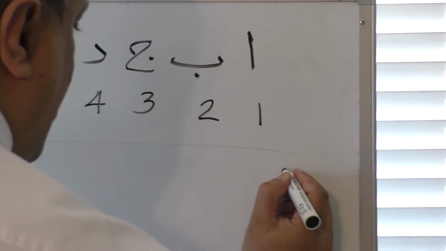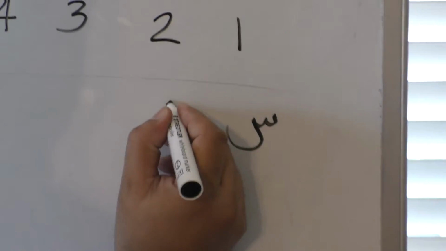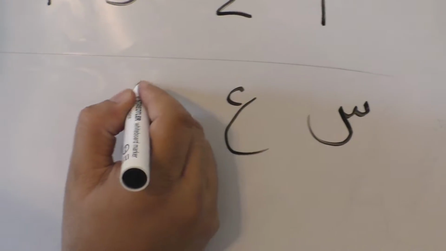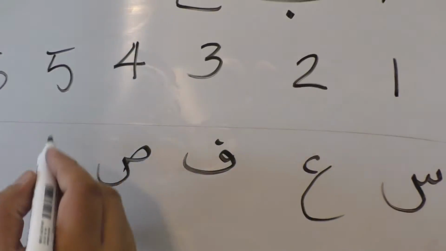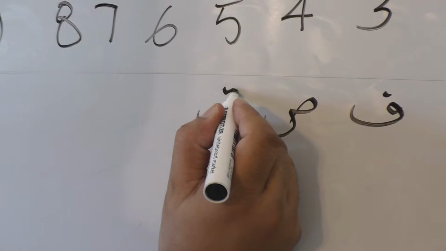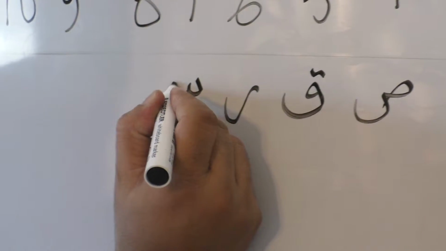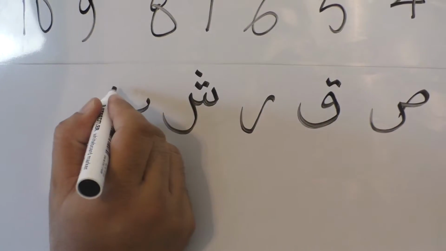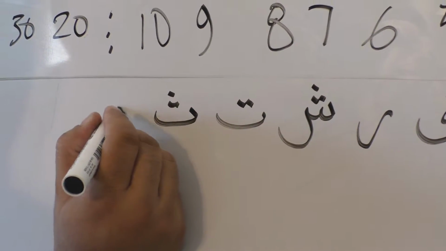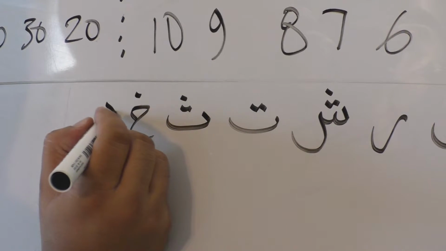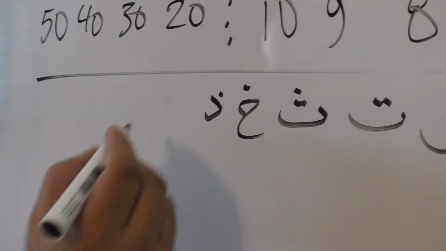Kaliman. Then we have Sin, Sa, Ain, Fas. 1, 2, 3, 4. Qir, Shat, Thakhaz, Zal, Thakhaz.